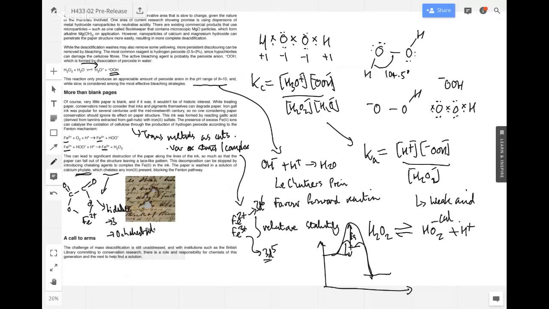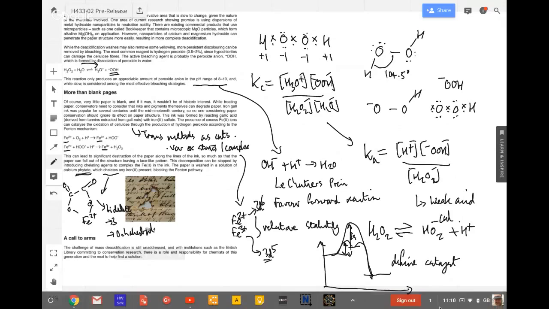For the catalyzed reaction, the Ea is lower because it's going via a different pathway, so it's faster. And at some point in the exams, of course, you're going to have to define a catalyst. So expect that.